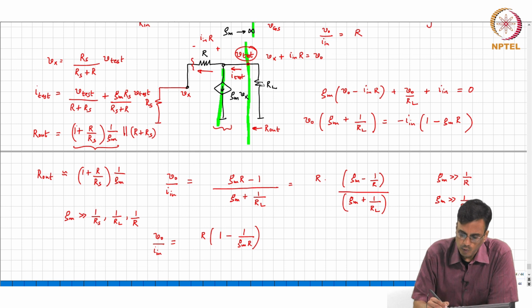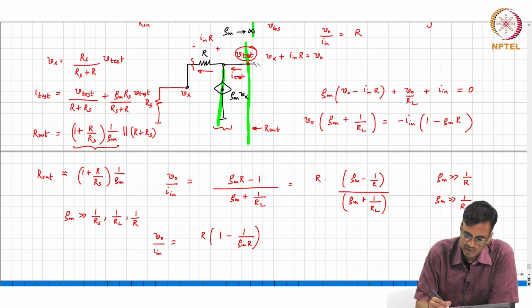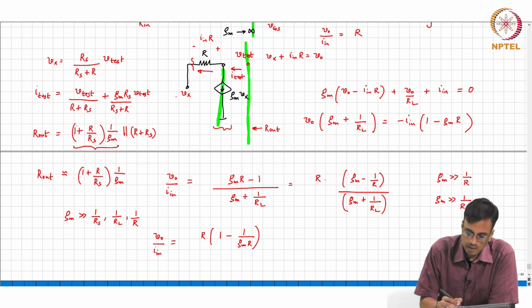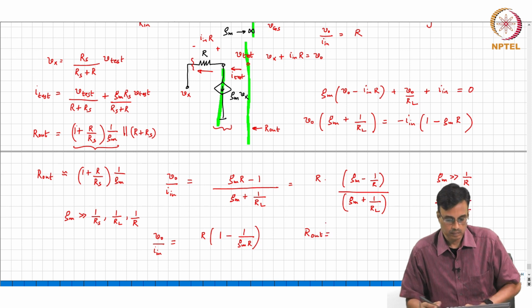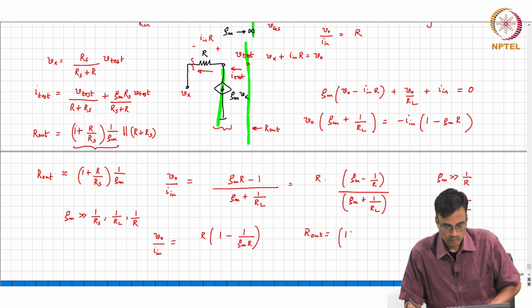Now, if I remove RL and I want to find the input resistance, let us do this quick. What is the input resistance? Very good.